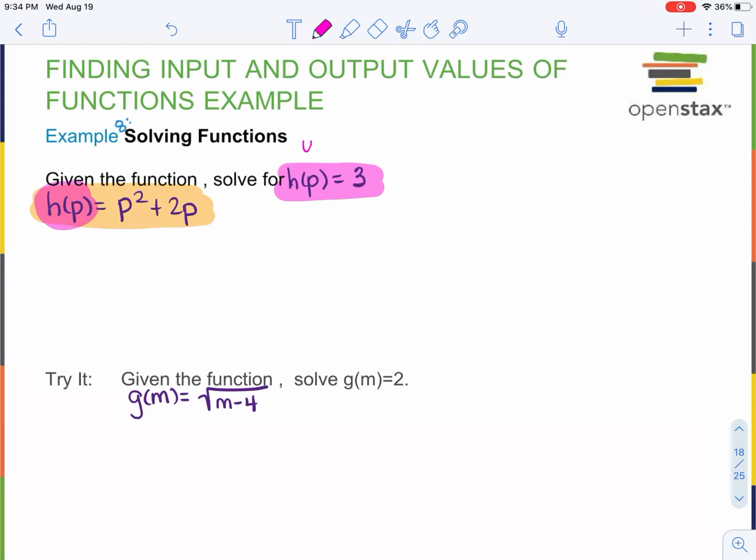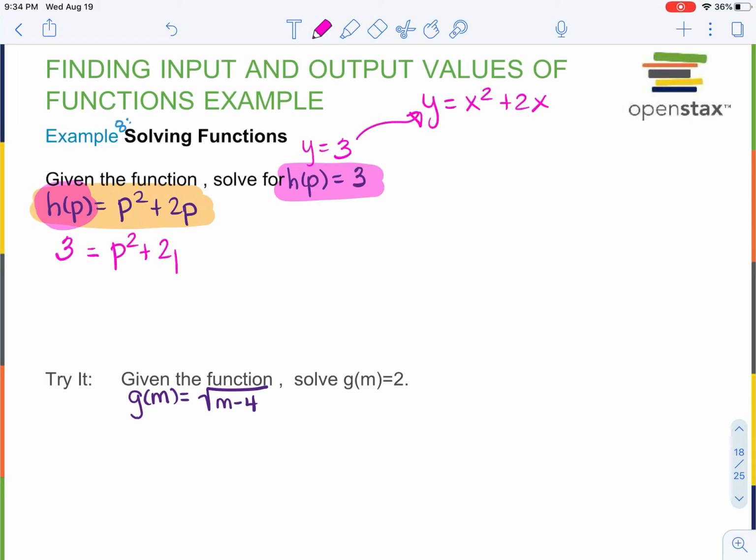This is kind of like saying y equals 3 if the equation was y equals, we'll just say, x squared plus 2x. It's kind of like saying the y is 3 and substituting it in. So we're going to put 3 in for h of p. Notice the whole thing, h of p, goes away, it becomes 3. We didn't say h parentheses of 3. That's different. That's if the p was 3. In this case, the whole function h of p equals 3.